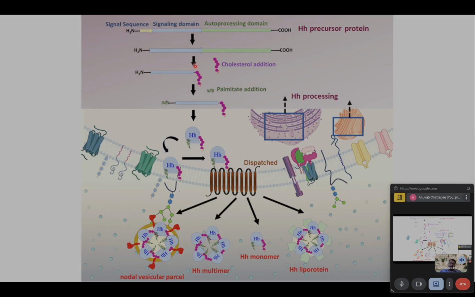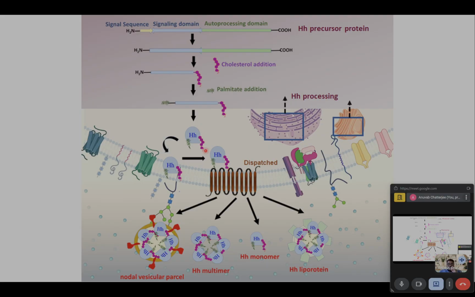So essentially you add two huge lipid moieties to the protein, causing it to be very hydrophobic in nature, because lipids do not like water, and the entire extracellular space is full of water. So Hedgehog needs to be handled very well, because otherwise it will not be able to travel the extracellular space, since everything is hydrophilic and it is highly hydrophobic.